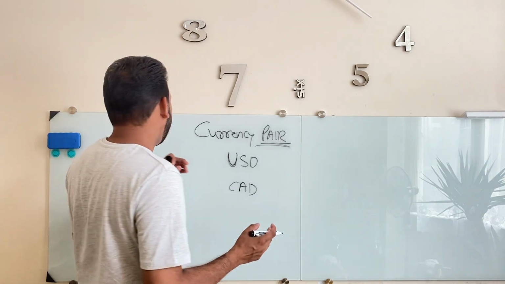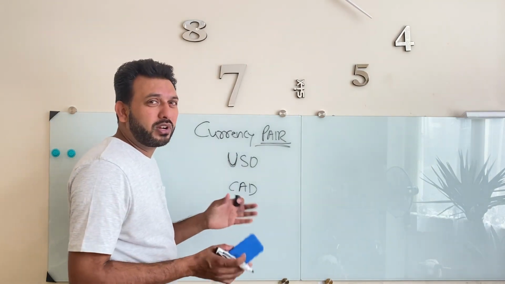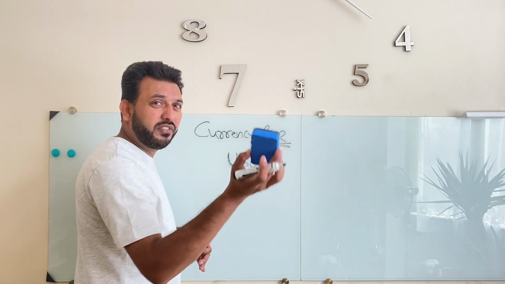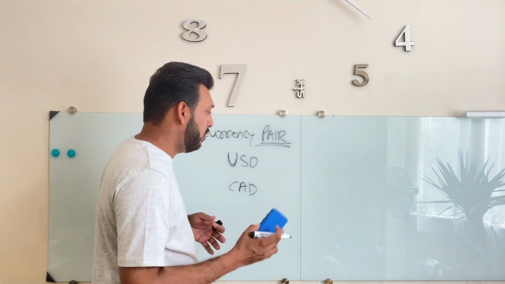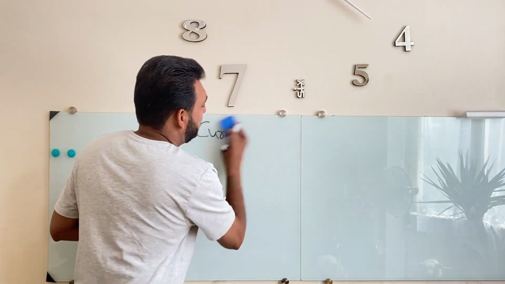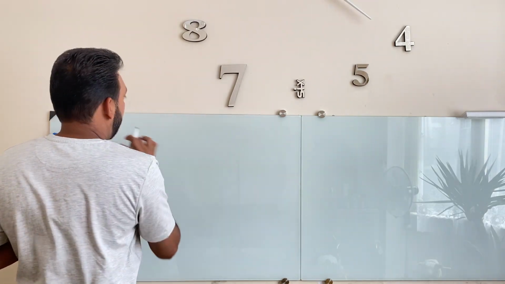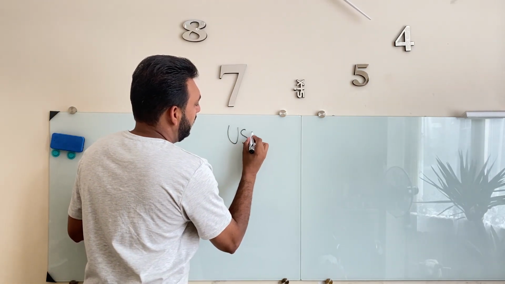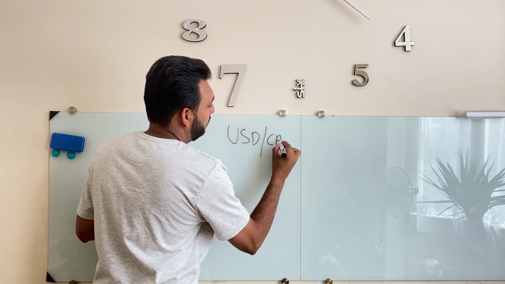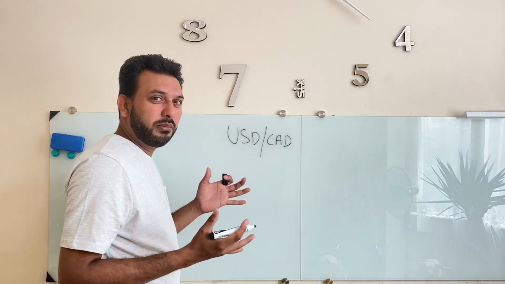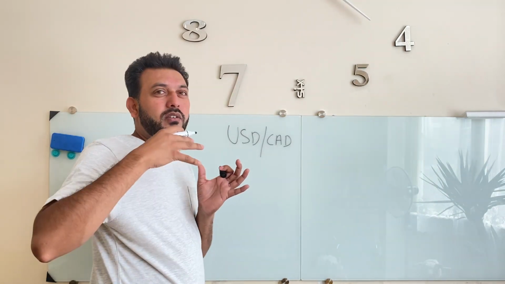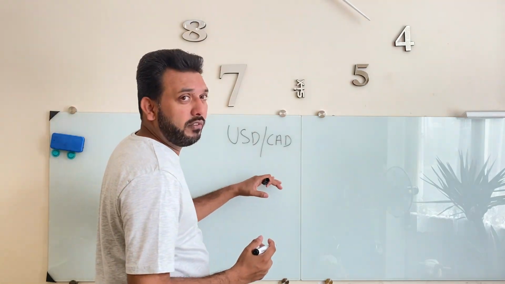You can find out about all these things on a broker's platform. There are so many different pairs. You don't have to worry about it too much when you go there. So for now, for this particular video, I'm just going to give you an example of USD and CAD, because that's not important in finding others. Otherwise, the video will be very long. For this particular video, that's important.